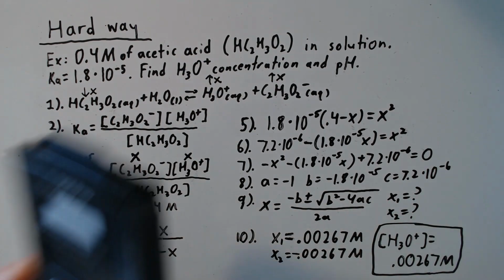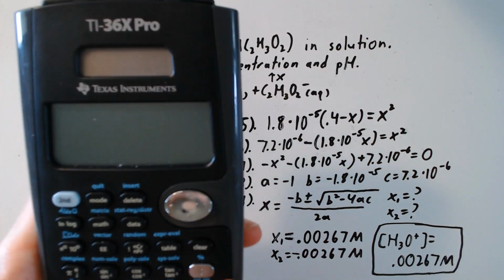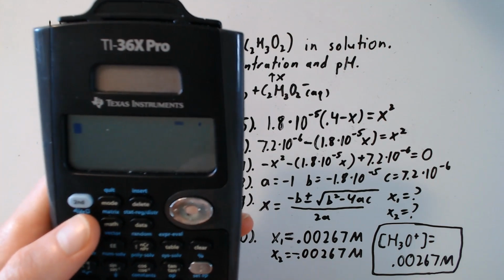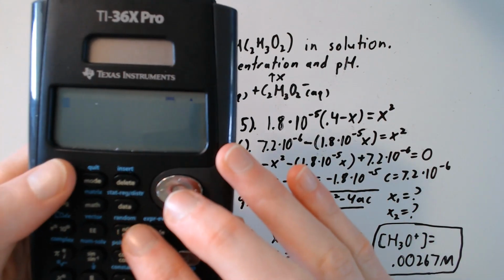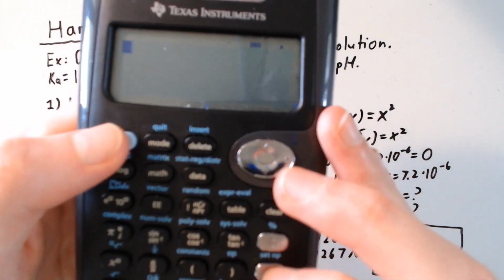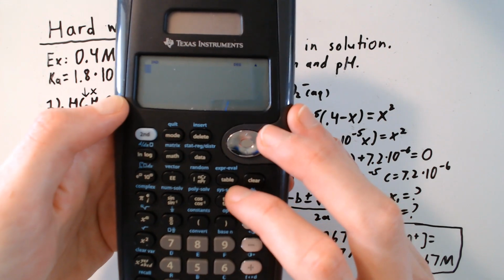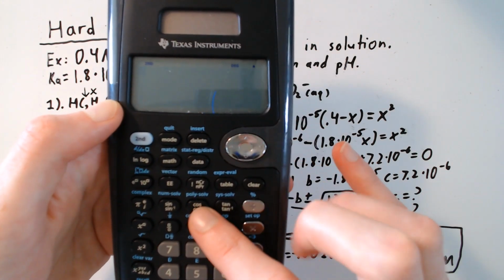So, for our scientific calculator, I would turn it on and then press second right here, and then go to the blue label that says poly solve.